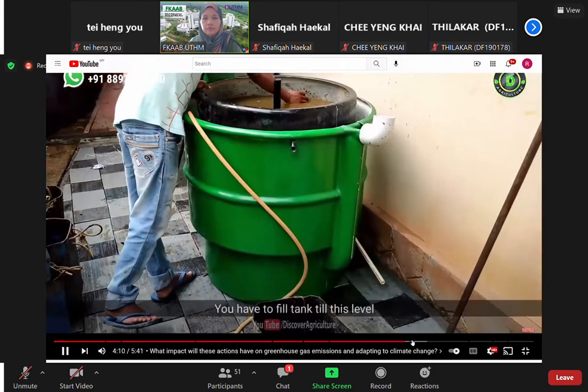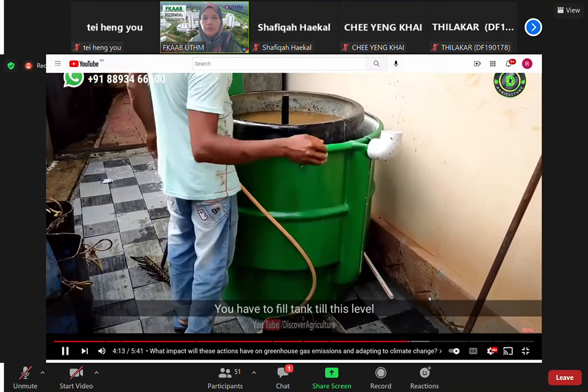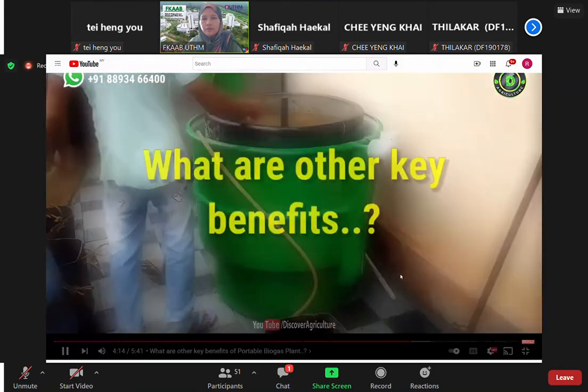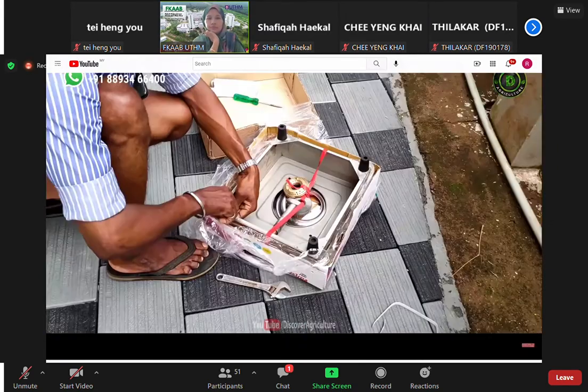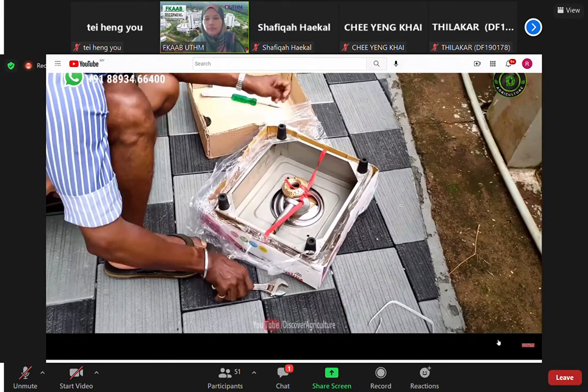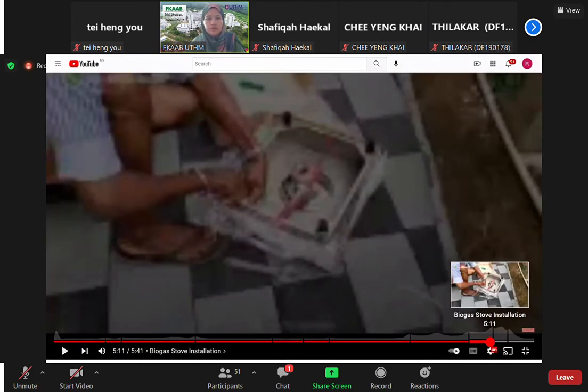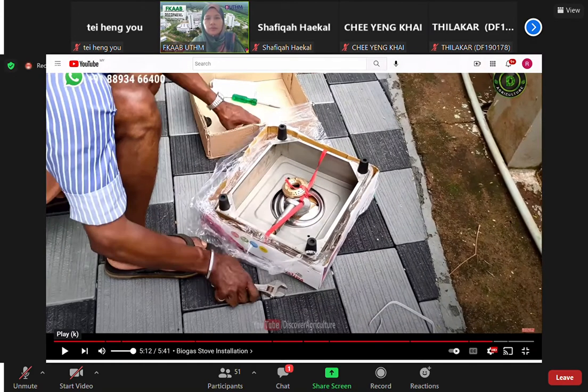Saya nak tengok dia punya gas dia. Okay, so maksudnya daripada tadi yang dia mix the cow dung with water, in the end dia akan tutup lah.